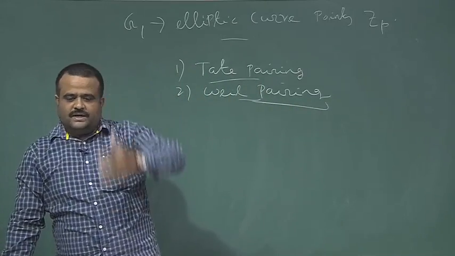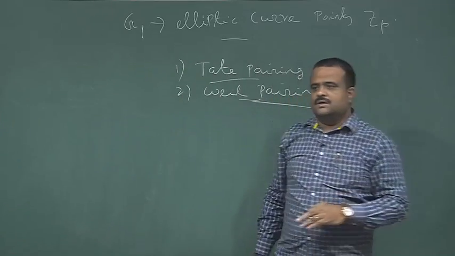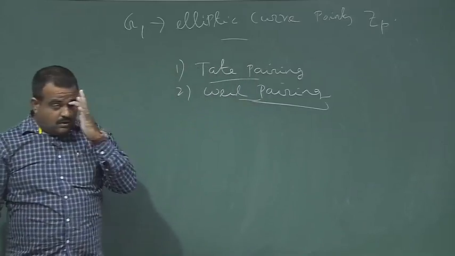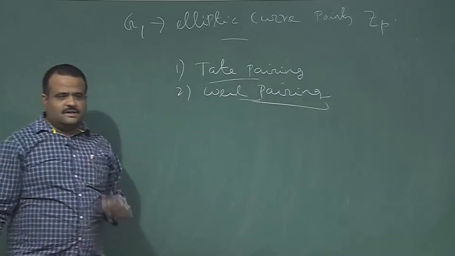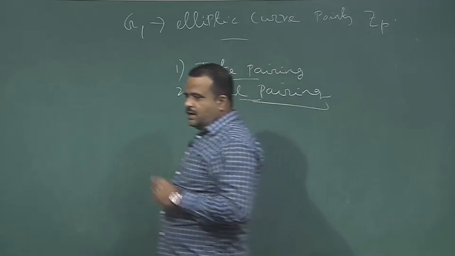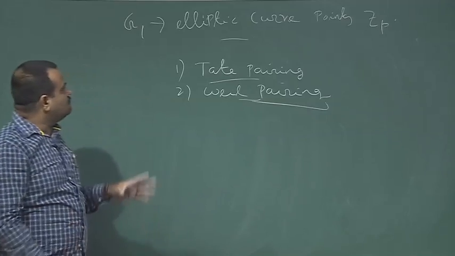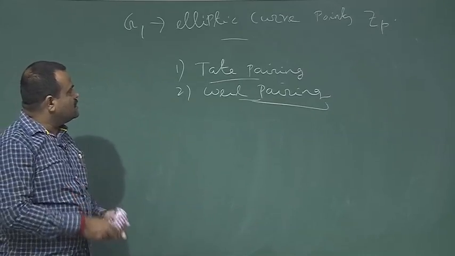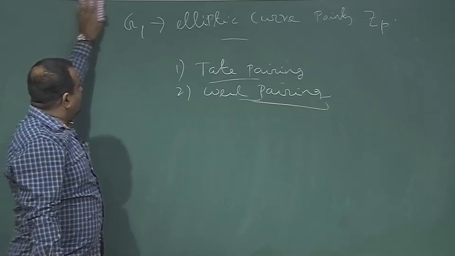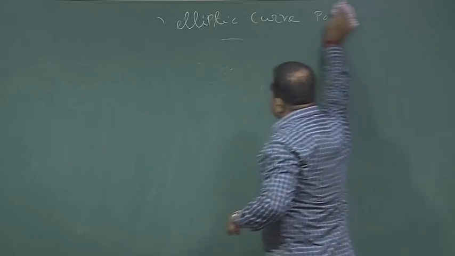Elliptic curve points are in the additive sense, so it may be over some other group. But this needs a lot of abstract algebra concepts like the divisibility condition. We are not going into the details in this course; it is out of scope, but there is a huge literature on the construction of such pairings. But pairings exist.